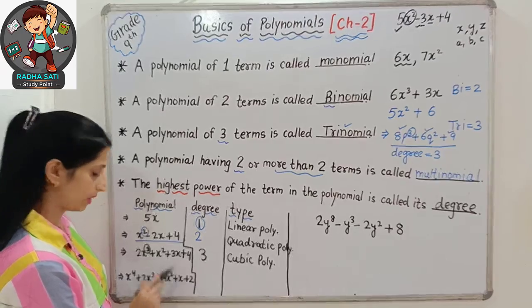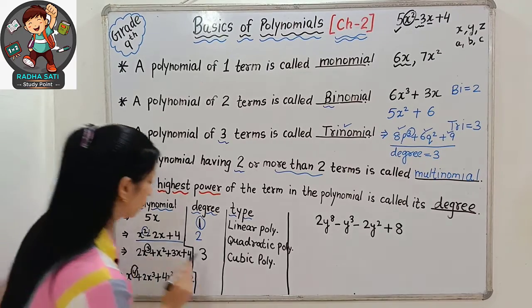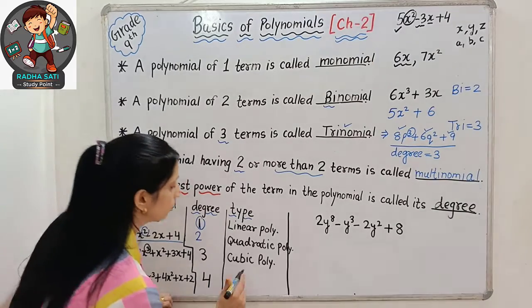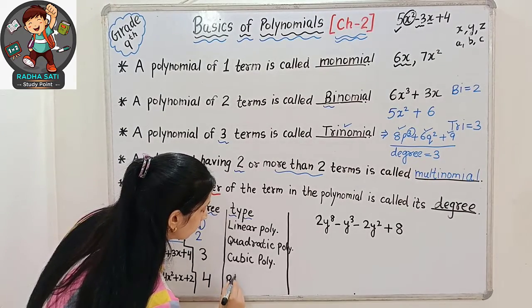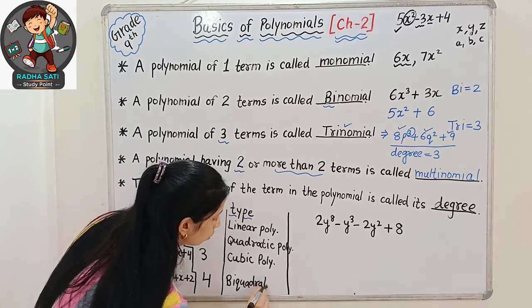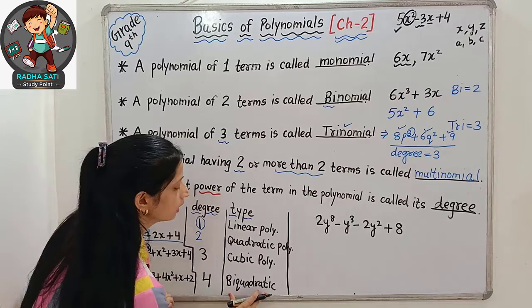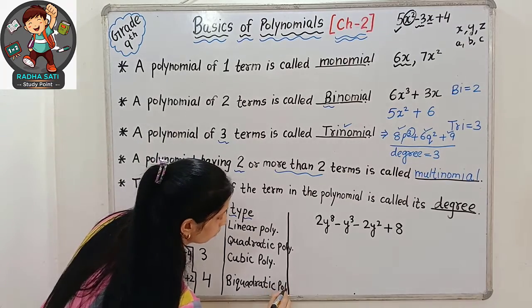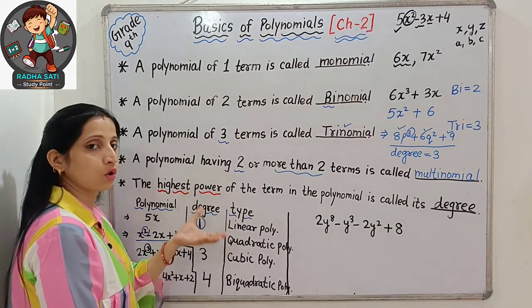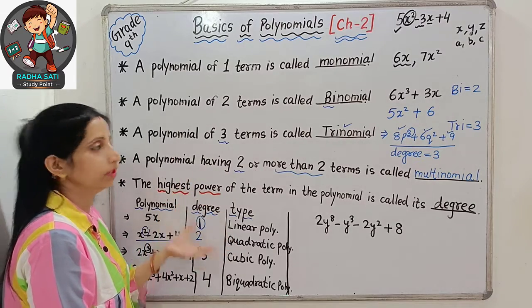Power of x 1. So the highest power is 4. So we will write 4 and what will we call it? Biquadratic polynomial. Okay, quadratic means when the degree is 2 and biquadratic means when the degree is 4. Okay, so just learn these terms, what we call these particular polynomials.